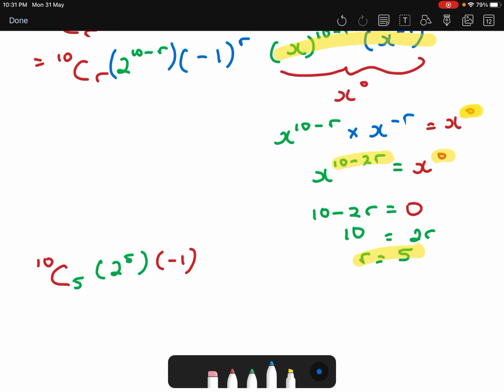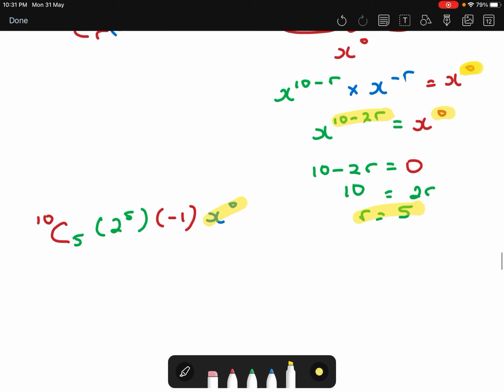Then of course the x term is just x to the power 0, where you can put it or not put it, it doesn't matter. So the constant will be 10 choose 5 times 32 times minus 1. You should get about negative 8064. So this will be the term independent of x.